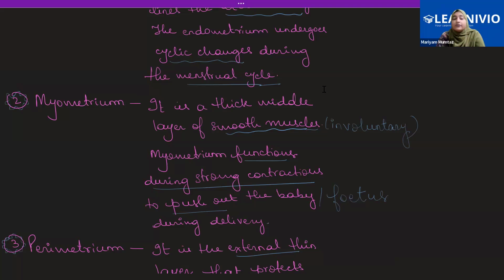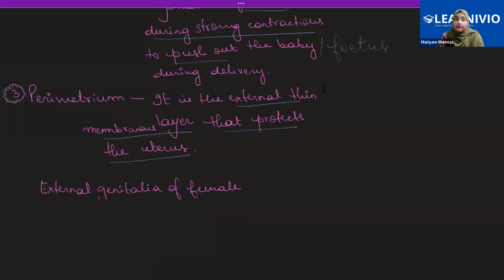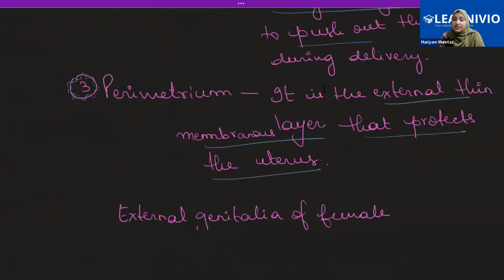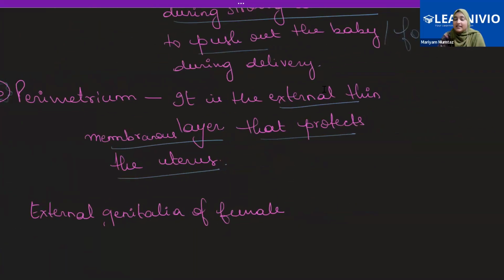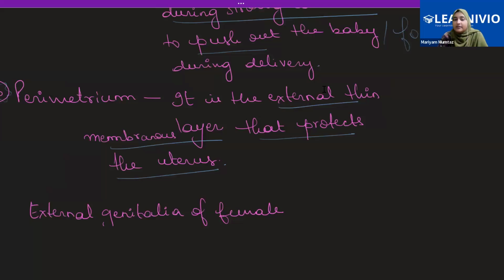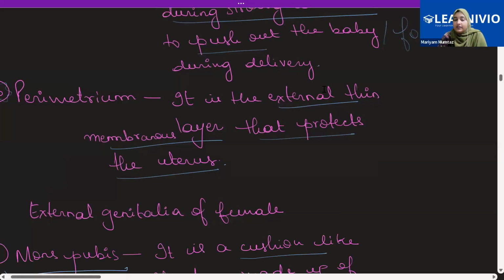That is why this uterine layer undergoes extremely strong contractions during childbirth, and it is not in the control of any female. Then comes the perimetrium, which is the external thin membranous layer responsible for the protection of the uterus. Clear?